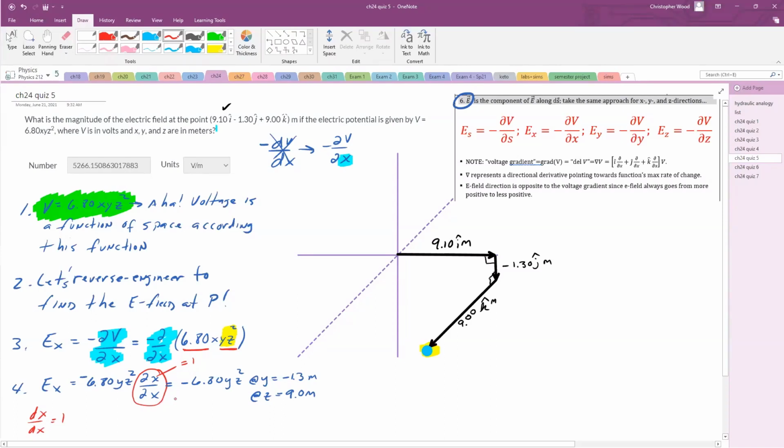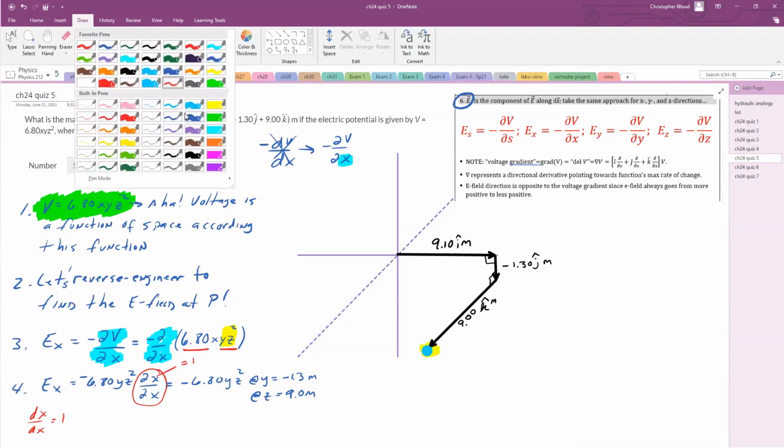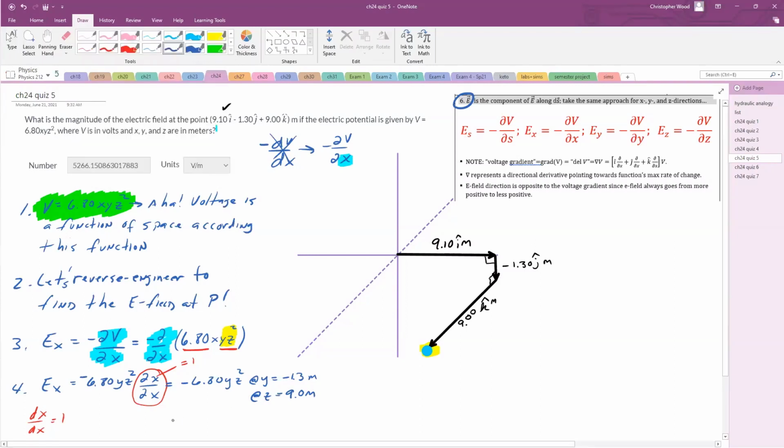Because all I'm caring about is what Probert is feeling in the x dimension. And specifically, Probert is standing at these coordinates. So I'm plugging in my y value because that's Probert's y location at negative 1.3. And I'm plugging in the z value because that's Probert's z coordinate. So the upshot is step number 5.